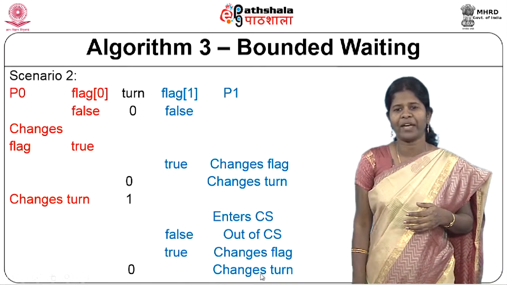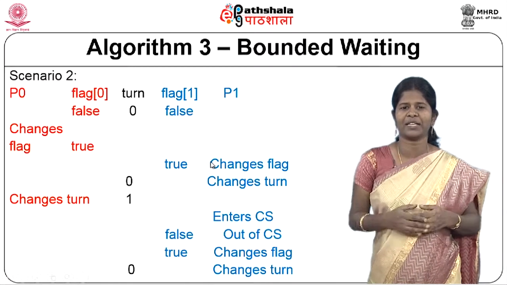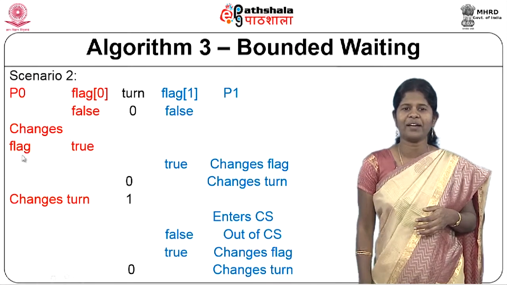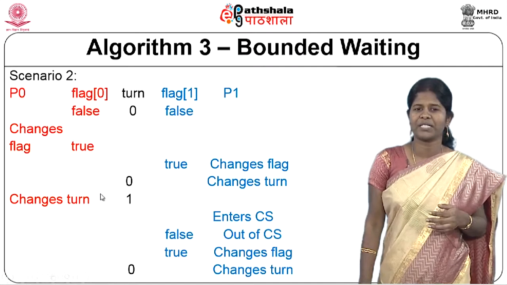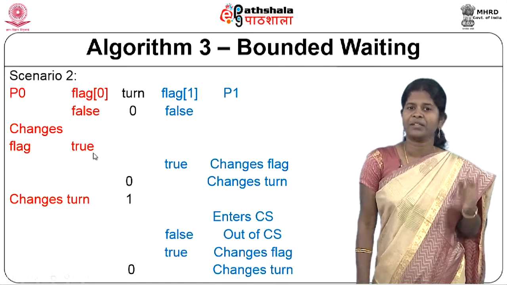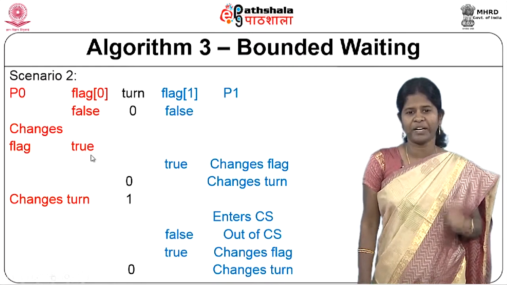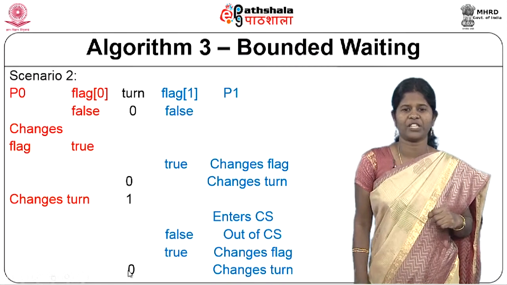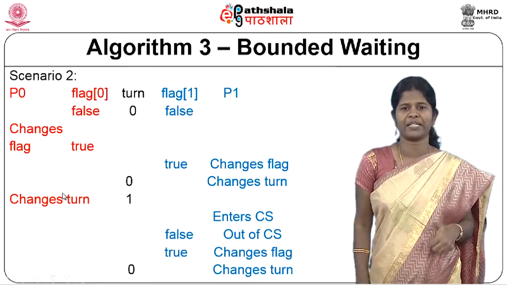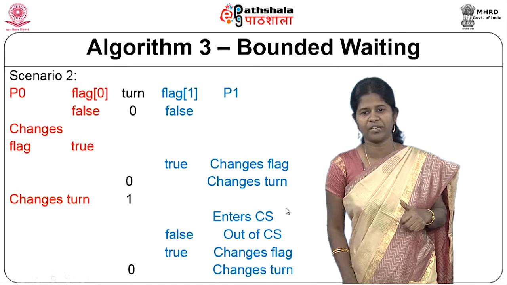Now, here you find that P1 cannot enter critical section because it changed the value of turn to 0. Unless P0 is entering critical section, P1 cannot enter critical section because the other process's flag is already true and the turn has been changed by this process now.